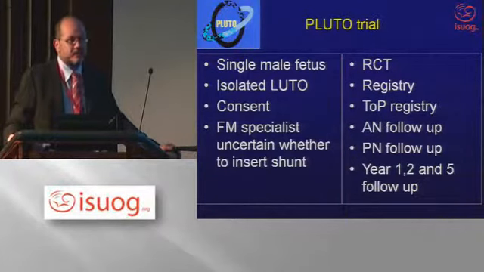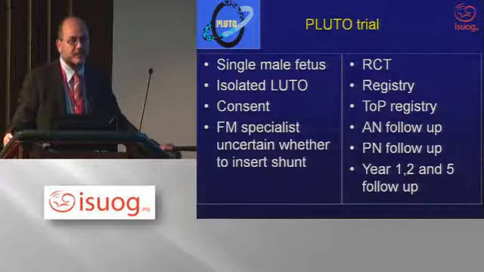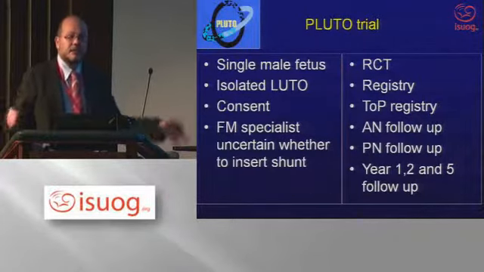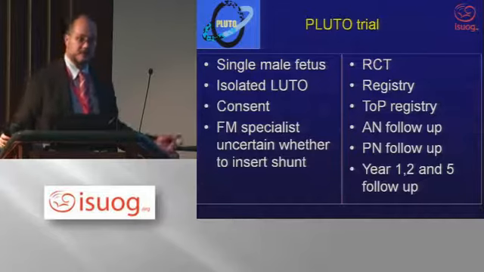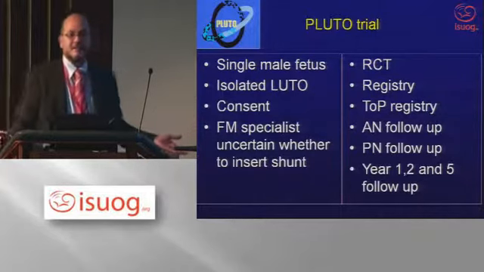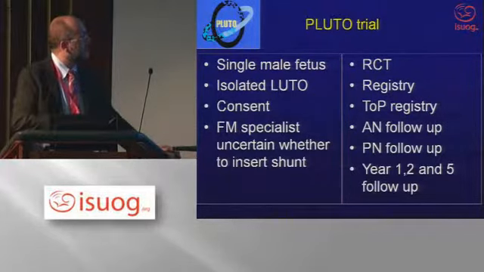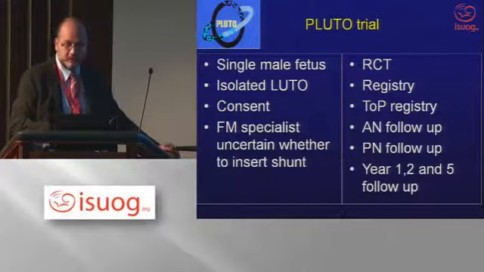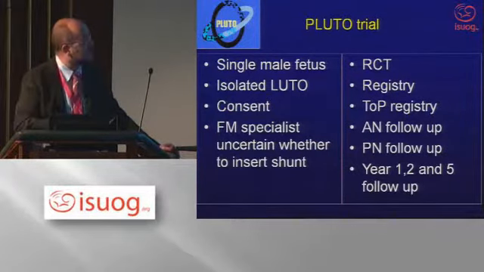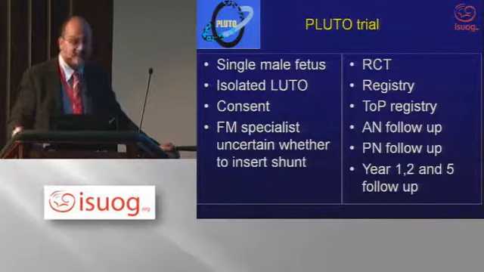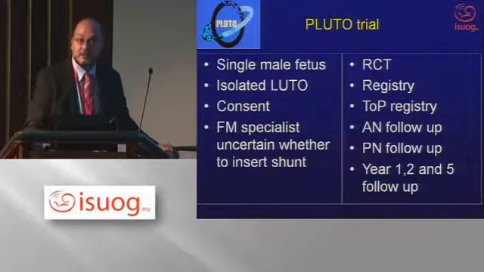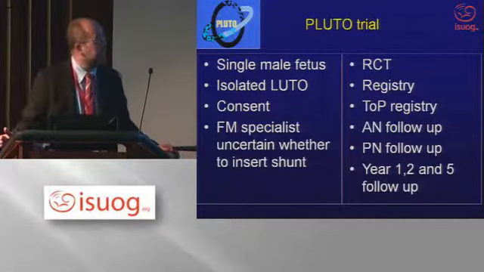And if they say, well, this is a completely hopeless case, I'm not going to shunt, then they do that. But if there's uncertainty, and the uncertainty should be quite large, given that there's no data, then you randomly allocate the patients to shunting or not. Apart from the randomized trial, they're also running a registry of these cases, which is very useful in terms of outlining the natural history.